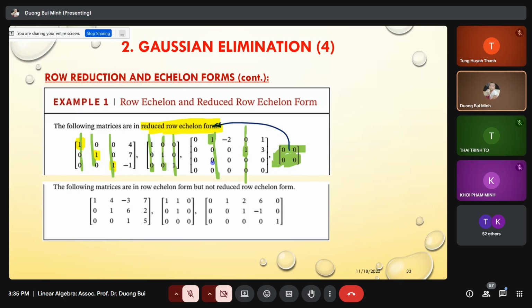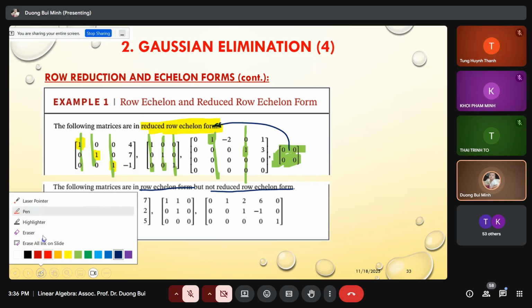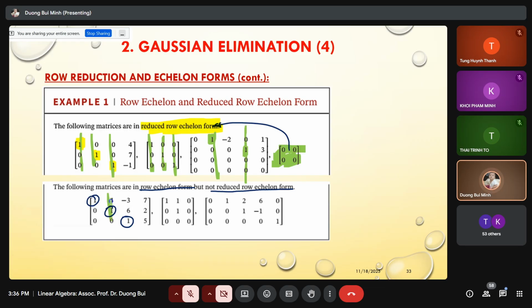If we have all zeros like this, they are also reduced echelon form. And the following matrices are in row echelon form, not reduced echelon form. Now this is the leading entry, leading entry, leading entry, and in the same column, here is 4. That's okay. We don't need to delete 4 to become 0, because this is row echelon form.